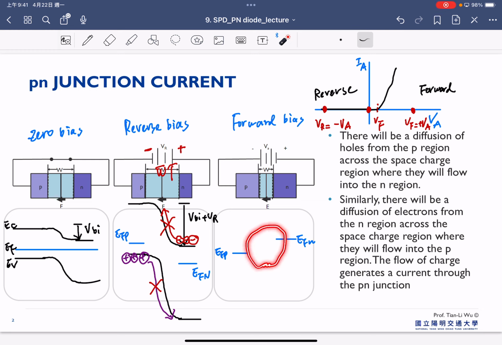On the left hand side we have the negative voltage, but right now we apply the positive voltage here. So in this case, if you try to plot the whole band diagram, it is still the same: valence band, conduction band, conduction band, and valence band here.